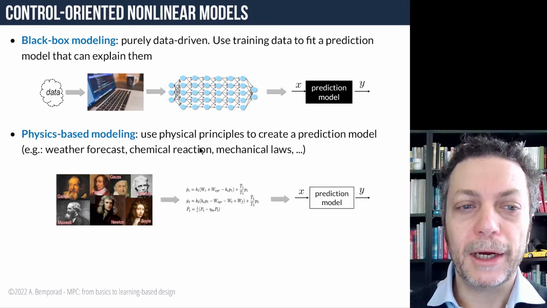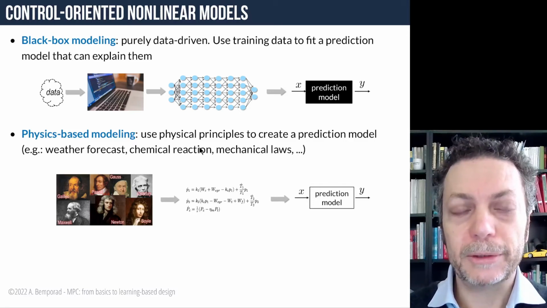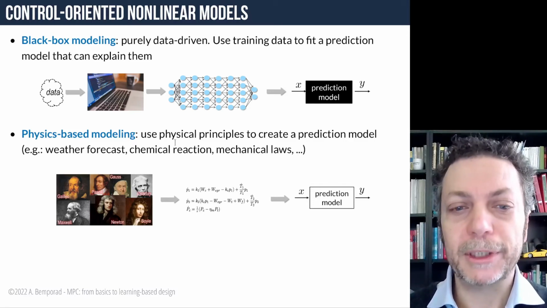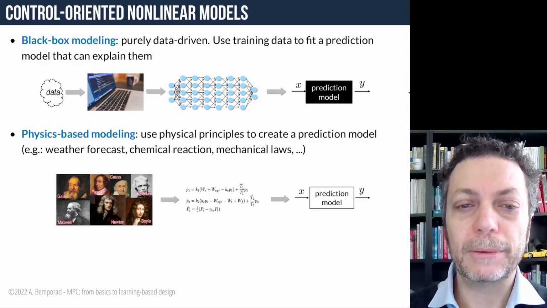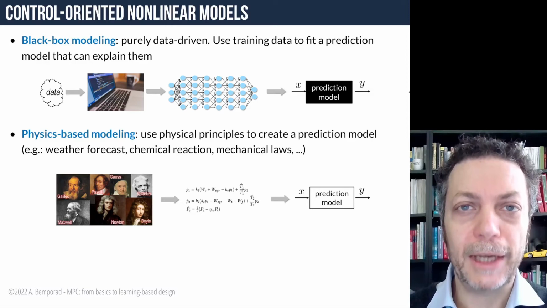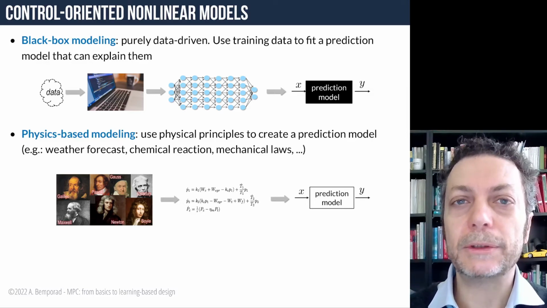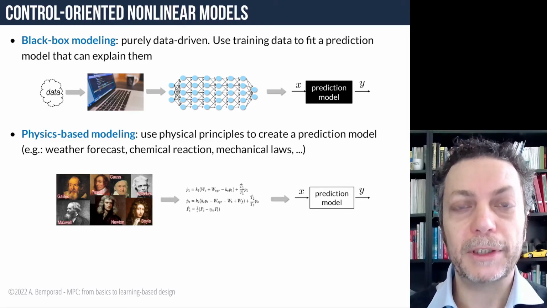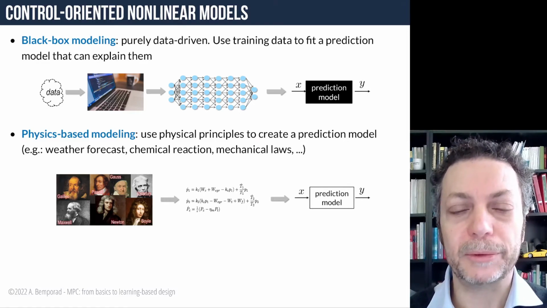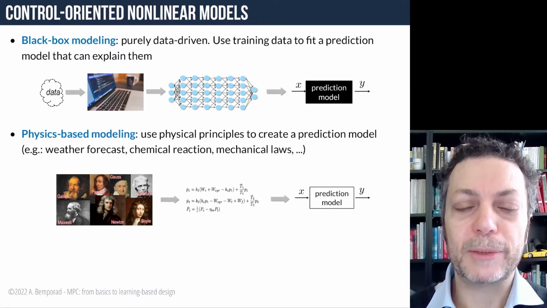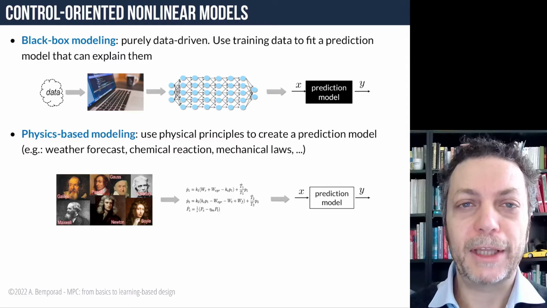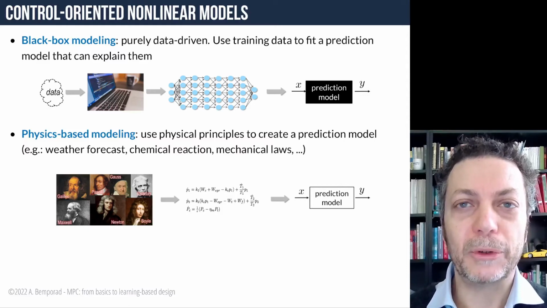A different approach used more traditionally is physics-based modeling. You know the process, you know the physics underlying the process, so you could use those physical principles to create models that explain the input-output relations. The advantage of physics-based modeling is that the model class you're considering is a lot more structured.